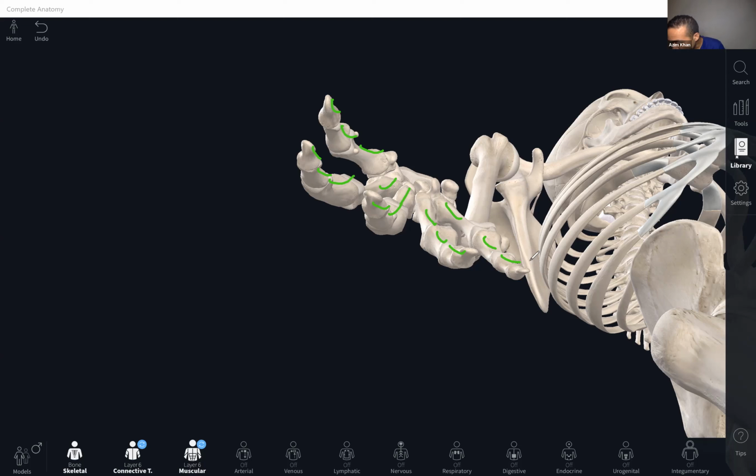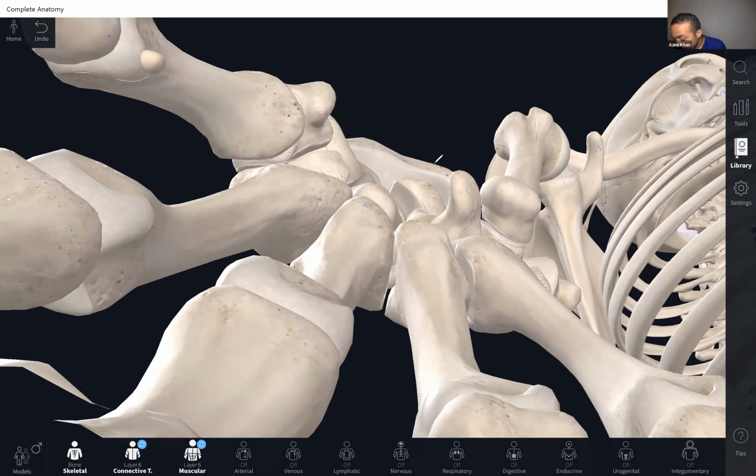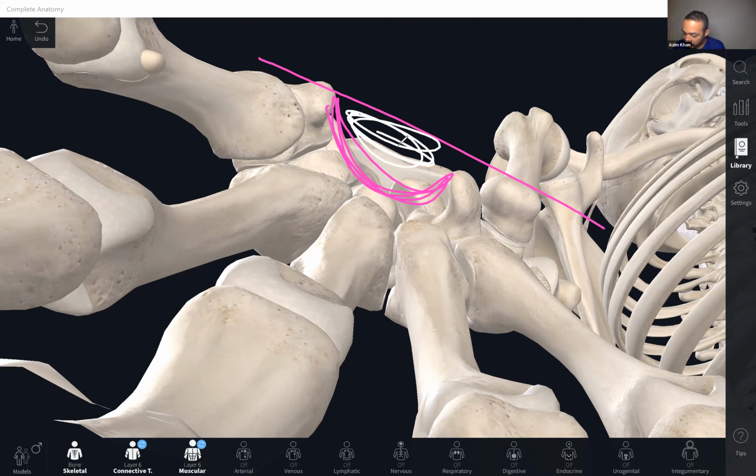There's even curvature here where your wrist is, where your carpal bones are. The term for this curvature in the bone, in the carpal area, is called your carpal tunnel. Do you see how there's like a passageway here? That's the carpal tunnel.